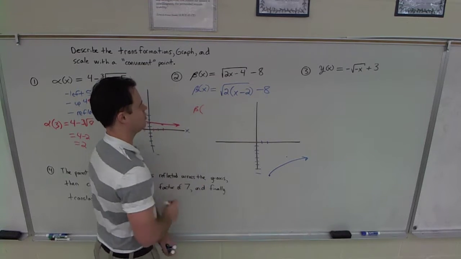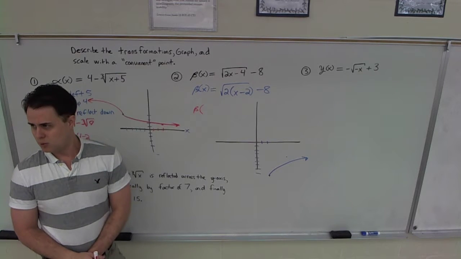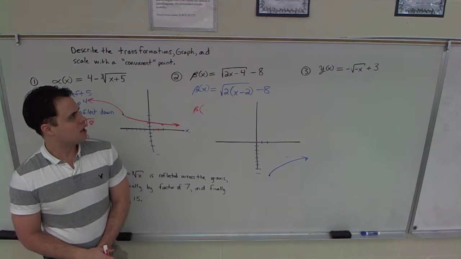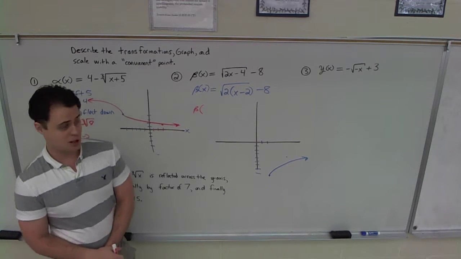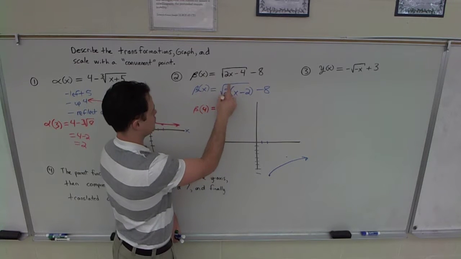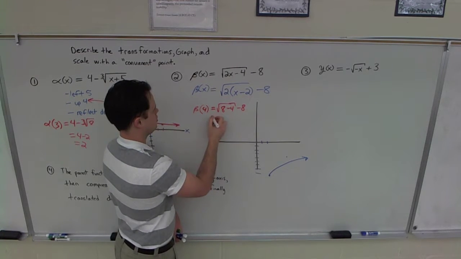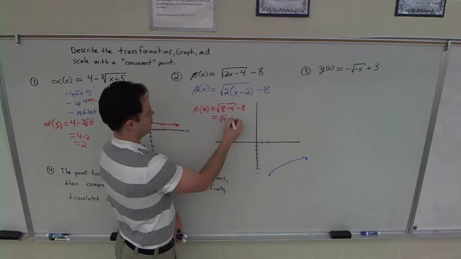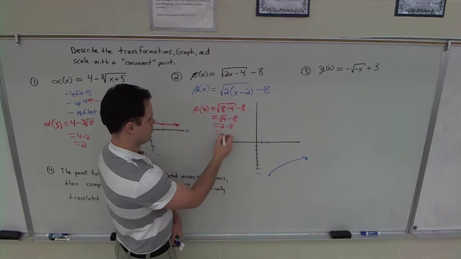So beta of, what would be a nice point to plug in? You could look here or here. If you plug in 4, you're going to get 8 minus 4 is 4, which will come out nice. I like that. That's a good choice. If you plug in 4, you're going to get the square root of 2 times 4 is 8, minus 4, which is square root of 4, minus 8, which is, of course, 2 minus 8, which is negative 6.